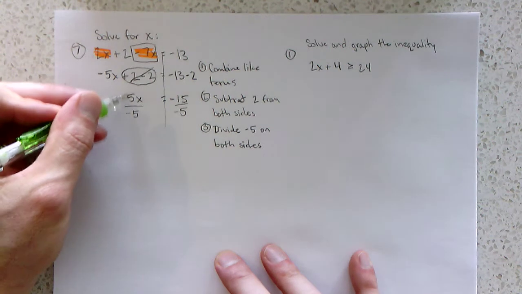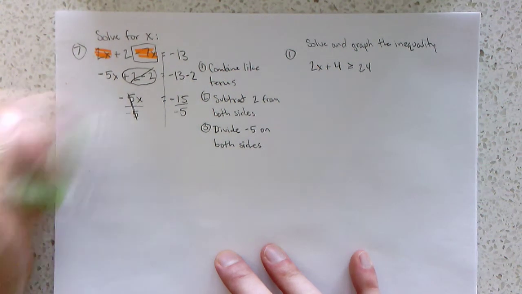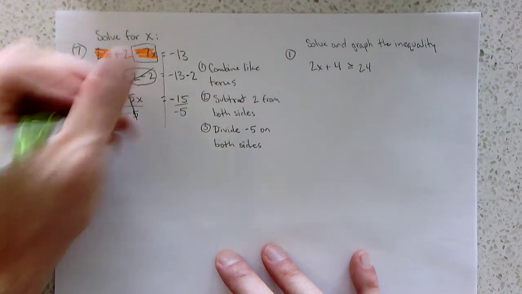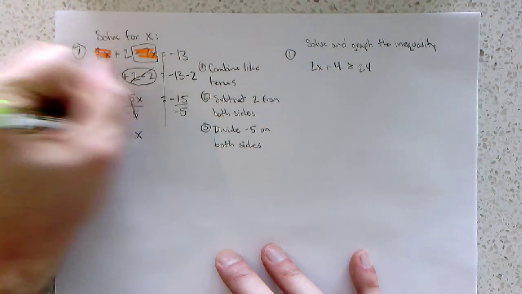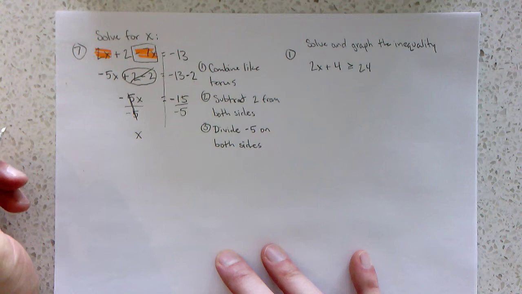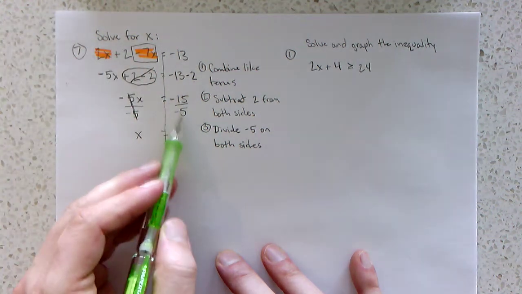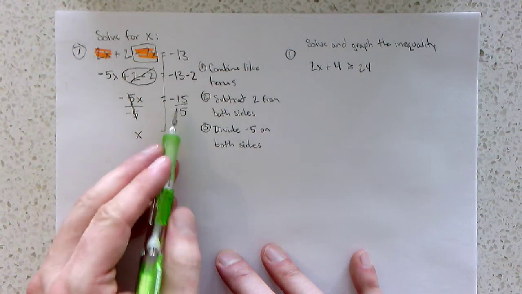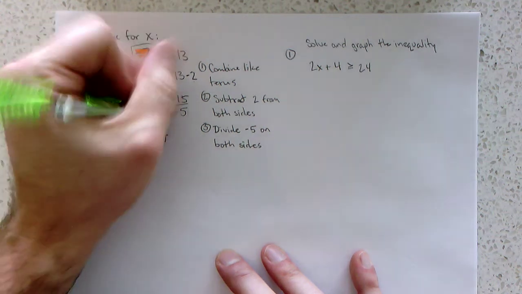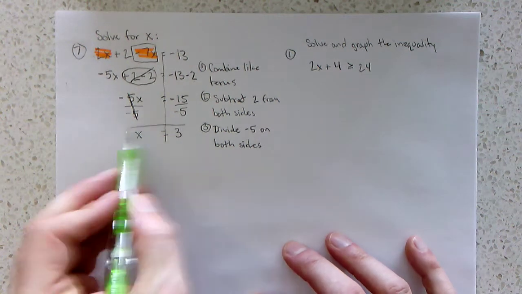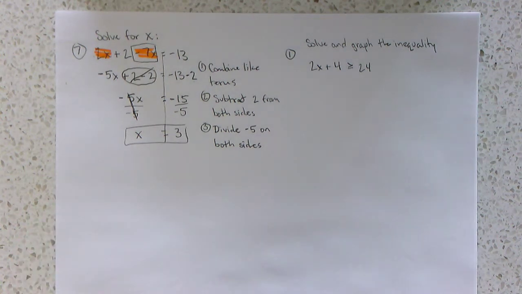So this negative 5, anytime I have a number divided by itself, is going to give me a 1. So my 1x is left over on the left side. And negative 15 divided by negative 5, a negative divided by a negative is going to give me a positive. And so x equals 3 is my answer.